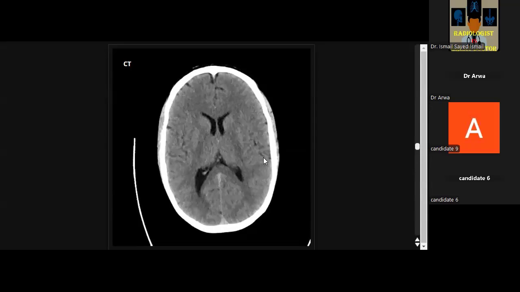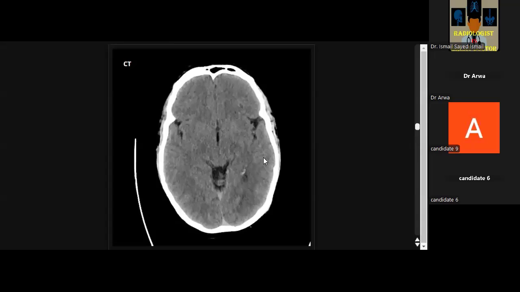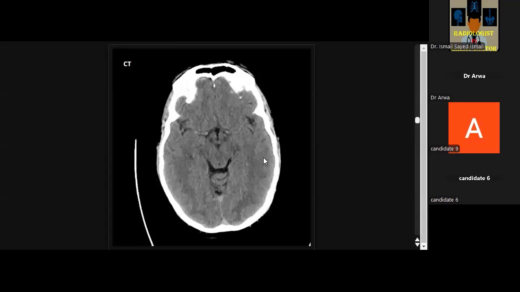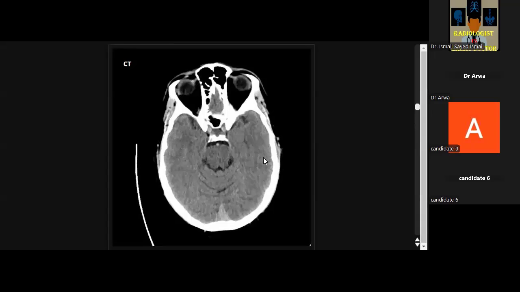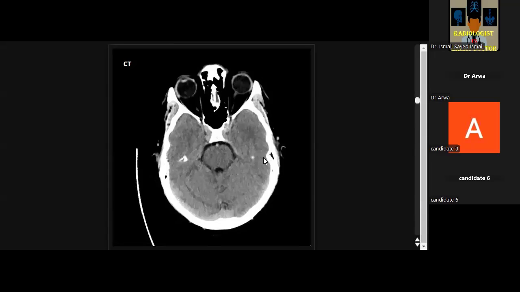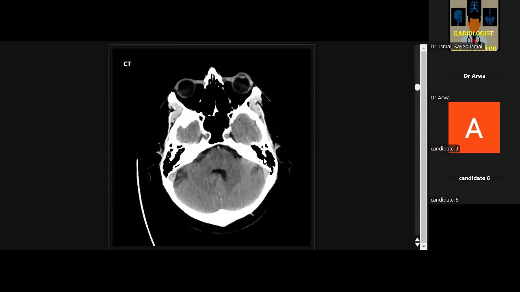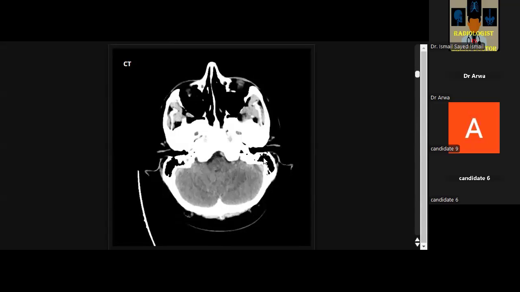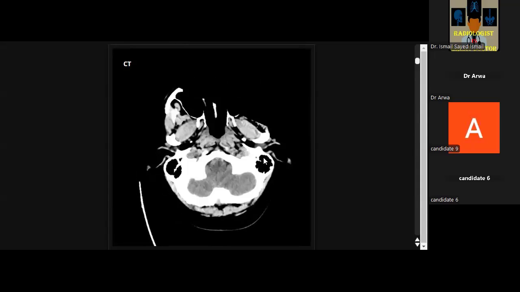This is one of the tricky cases. This group is called normal appearing CT brain or a hidden diagnosis. I can appreciate that there is some sulcal effacement and there is some hypodensity in the medulla and brainstem as well.